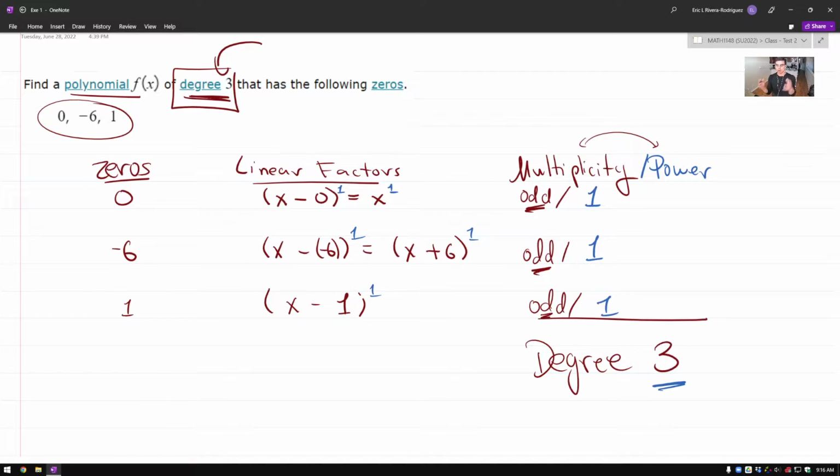The multiplicity, or this actual value, says how many times these zeros appear as part of that polynomial. So we have the value 0 just one time as a zero of the polynomial, the value of -6 just one time, and the value of 1 appears just one time as a zero for the polynomial that we are working with.